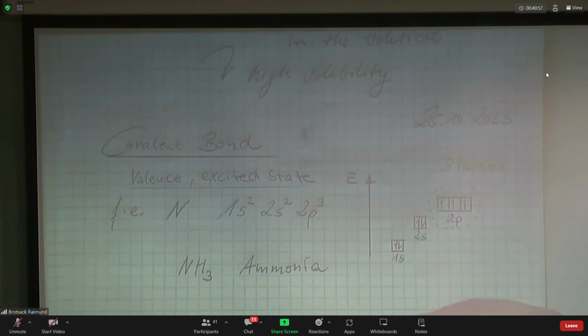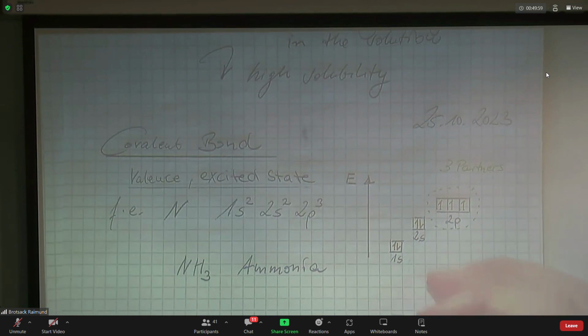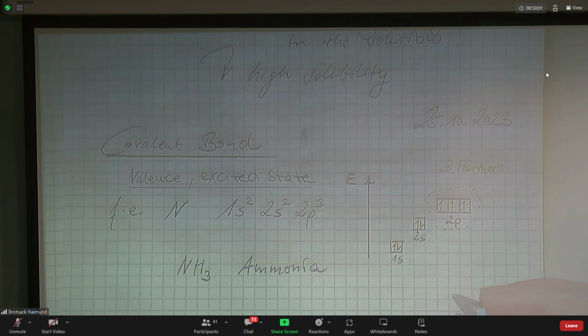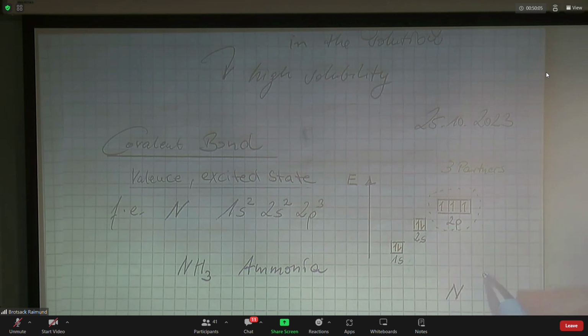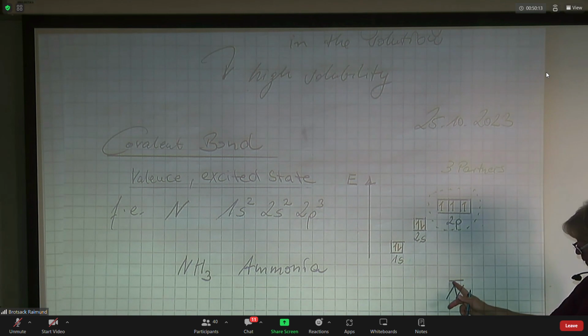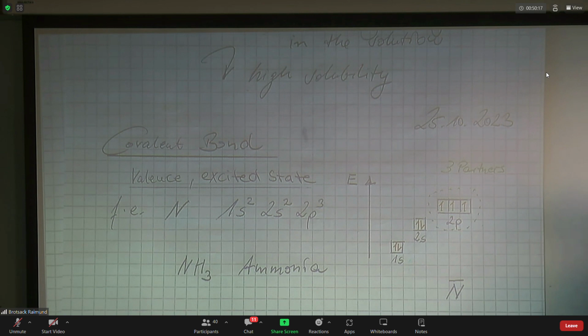So when we'd like to draw the structure of ammonia, we have here the nitrogen, and the 2s electrons, they are already fine. So we try to symbolize it with a line, meaning this is a pair of electrons which are not included in any kind of bonding.